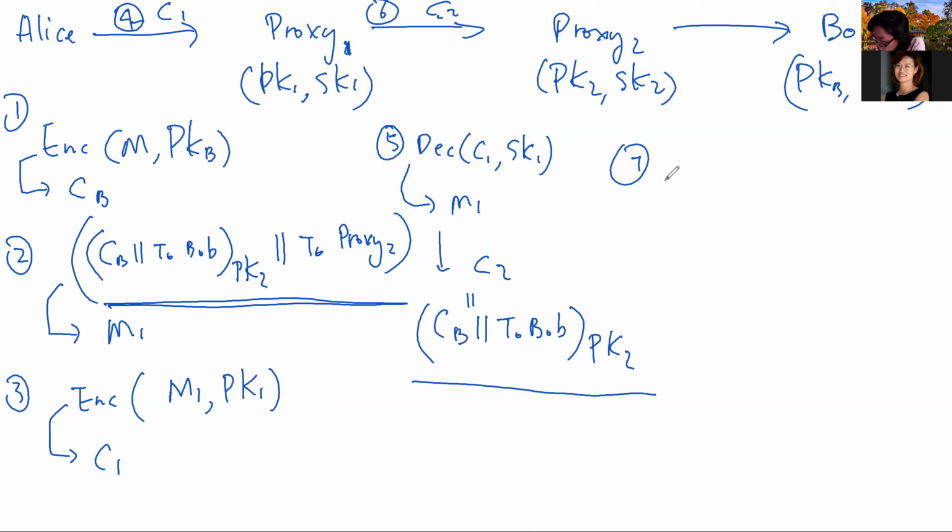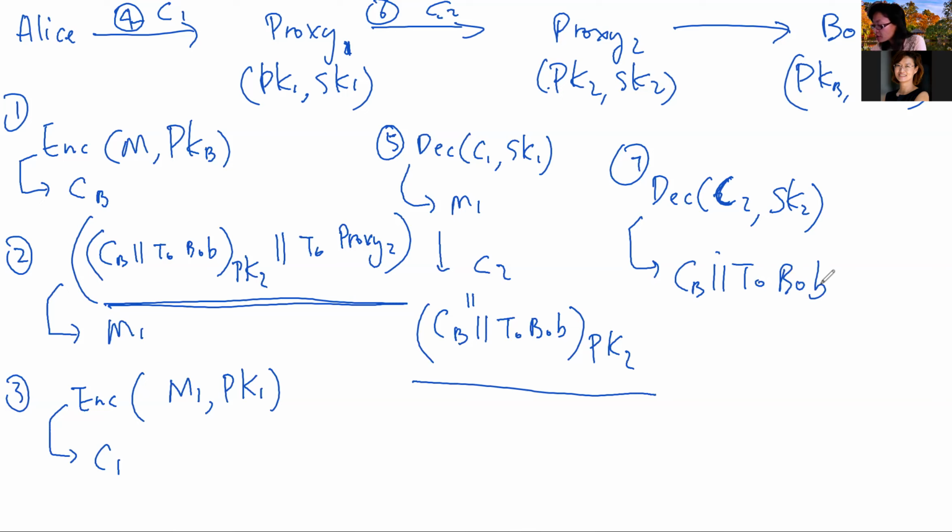Step 7, decrypt C2 and this will reveal both the message, the ciphertext to Bob, and also the delivery information.